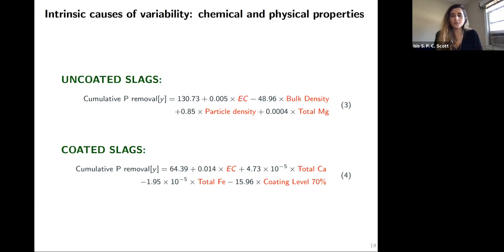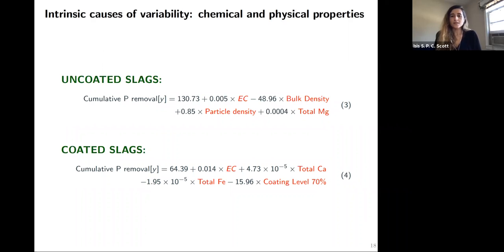The first equation is for uncoated slags. It was able to explain 70% of the variability of steel slag in removing phosphorus, while the second one for coated slags was able to explain around 55% of the variability.